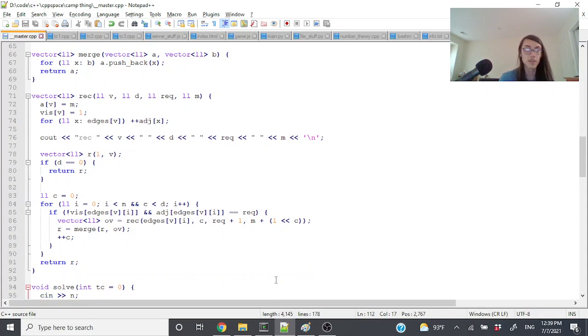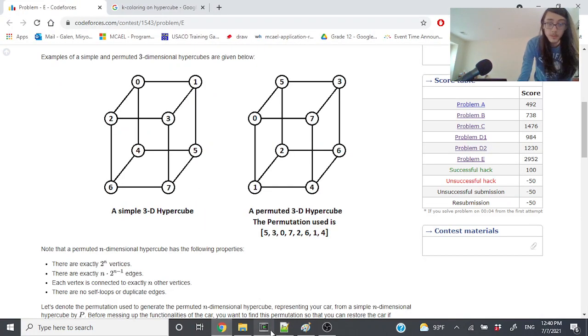Okay, so for each adjacent thing, if its adjacency is equal to the number we need, and it's not been visited, then go there, rec edges bi, c, rec plus 1, requirement plus 1, and then m plus that. So what order are we visiting vertices in? So we're merging.